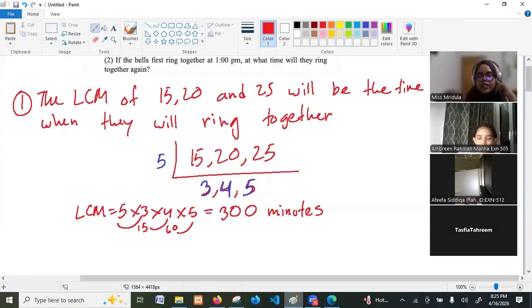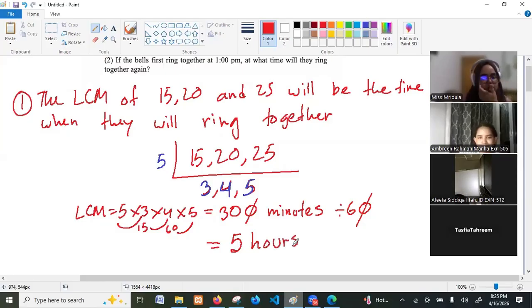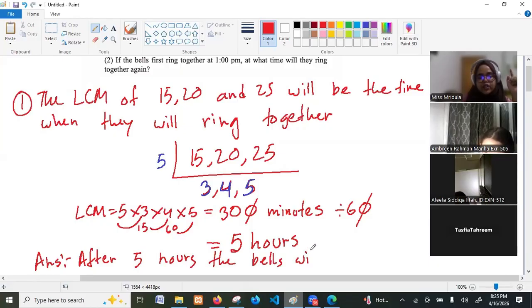So can anybody tell me 300 minutes means how many hours? If I divide by 60, zeros are cut down. 30 divided by 6 is 5, right? So it should be 5 hours. So after 5 hours, they will be ringing together. That will be the answer line for the first part, that after 5 hours, the bells will ring together.